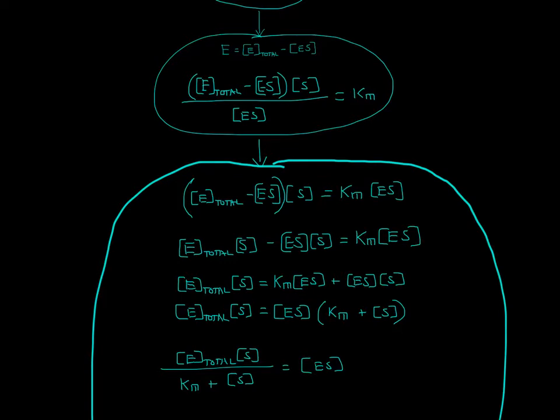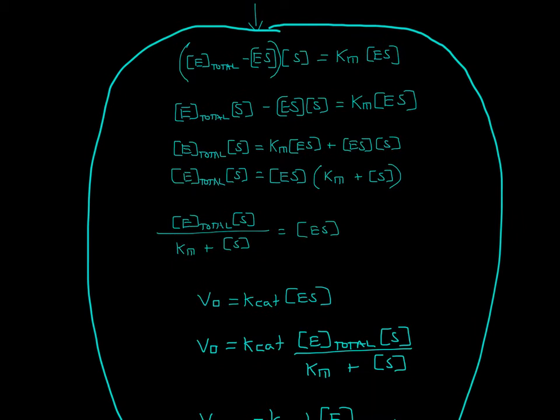Okay, so from here, since there's ES present in both of these, I'm going to factor that out and then have ES times Km plus substrate concentration. Alright, so from here, what I'm going to do is divide both sides by Km plus S, and now we have to recall the original equation I was talking about, the initial velocity V0 equals kcat times ES, right?